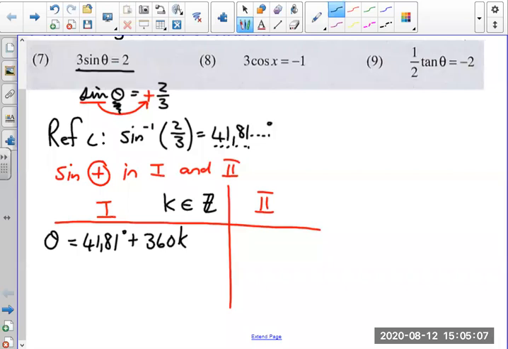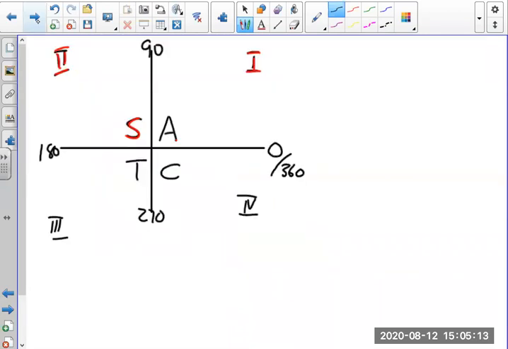And for the second quadrant, theta is equal to... Now, what do you do to get an angle in the second quadrant? Like we said yesterday, you say 180 minus. Remember the 90 and 270 axis we don't want to work with because it's the bad axis; then you must work with co-functions.